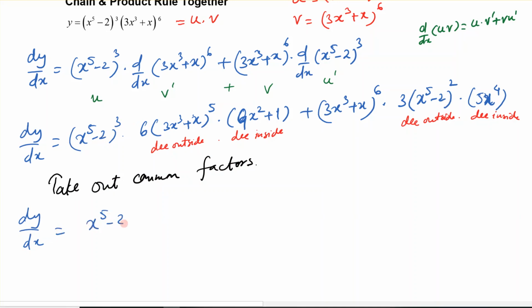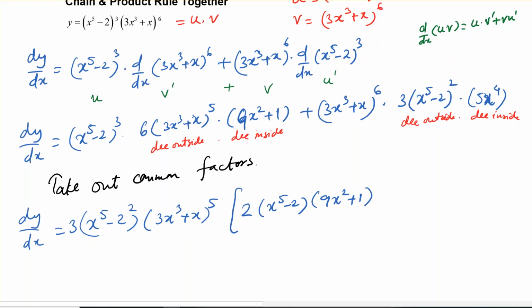So (x^5 - 2) squared, and then we have 6 and 3 here. So 3 is a common factor out, and then (3x cubed plus x). So we have 5 here and we have 6 here. So we can take the 5 copies out. So inside, for the first term, we are left with 2, and we are left with 1 of (x^5 - 2) and (9x squared plus 1).